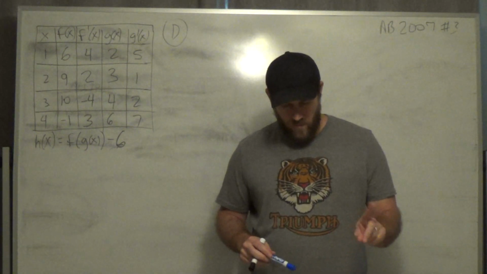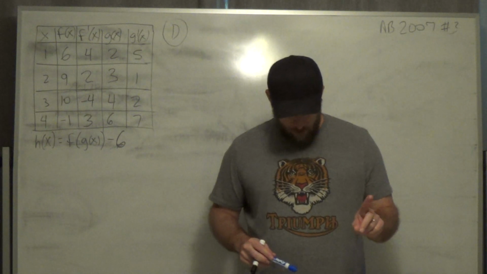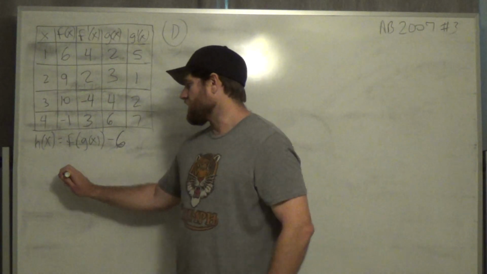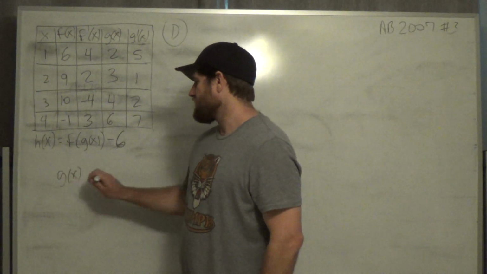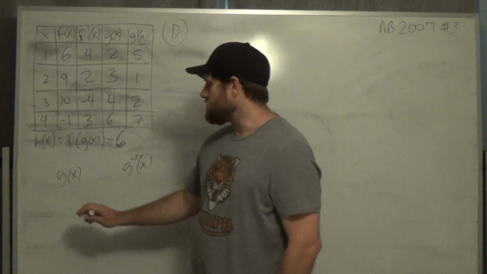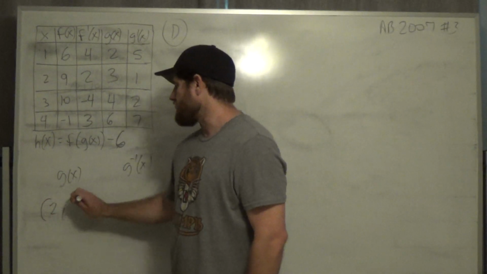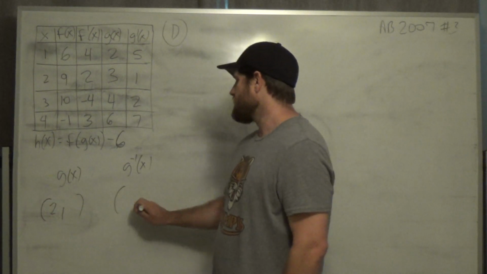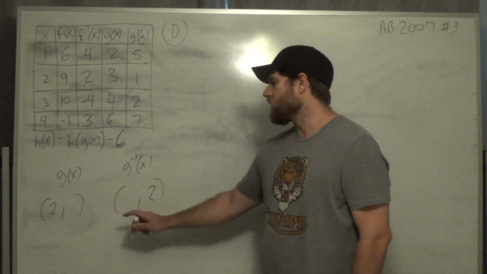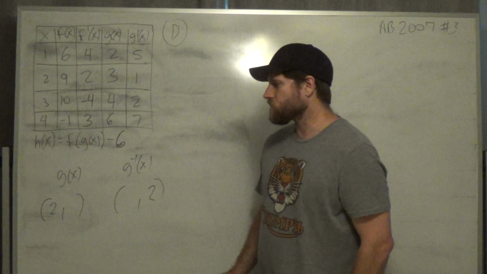Okay, so couple things. Inverse function. So here we have G of x, and over here we have its inverse function. So if G of x has the ordered pair 2 comma something, the inverse has the ordered pair something comma 2, because the x's and the y's get switched.